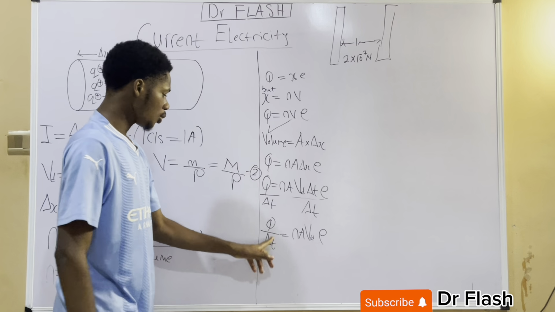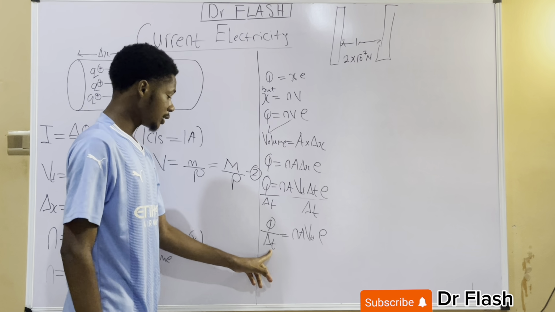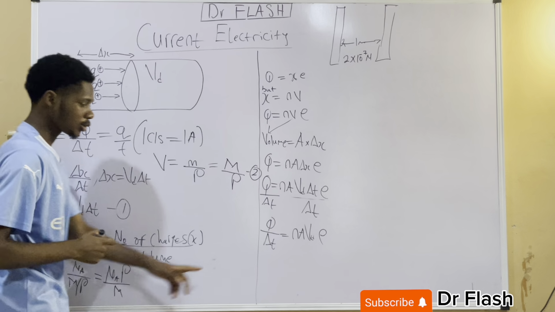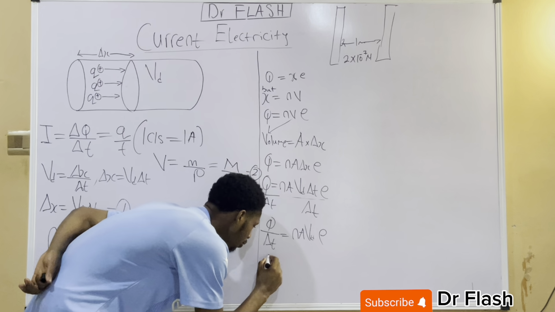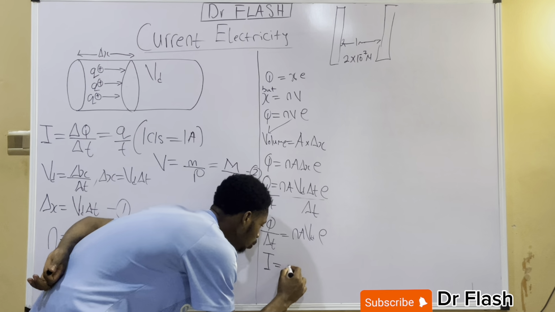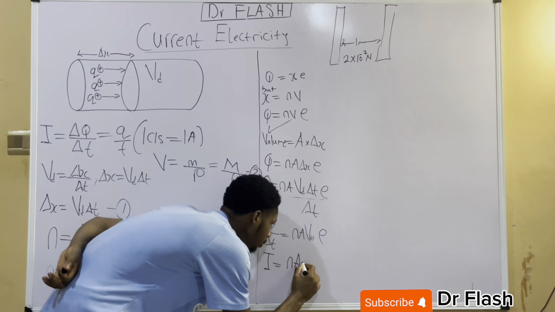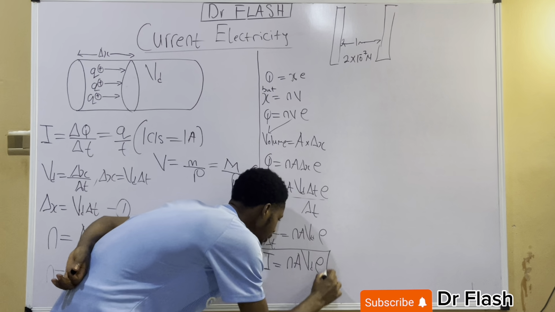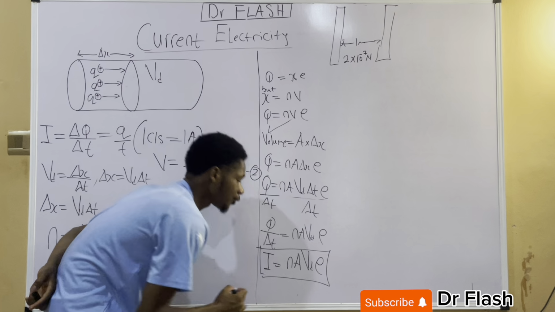Now, delta Q over delta T is simply current, as we explained here. So we can now substitute what we have here as current. So current is then equal to N times A times Vd times E. Okay, this is one important formula for solving current.